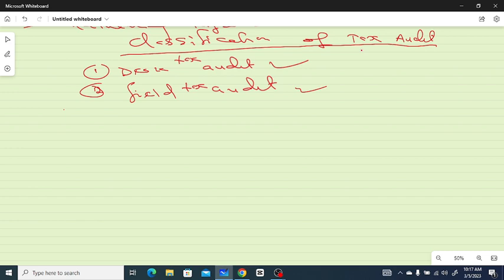Now the distinction between desk audit and field audit. The desk tax audit is an exercise that is carried out on the tax returns and financial statements of the taxpayers in the office without visiting the business premises of the taxpayer.